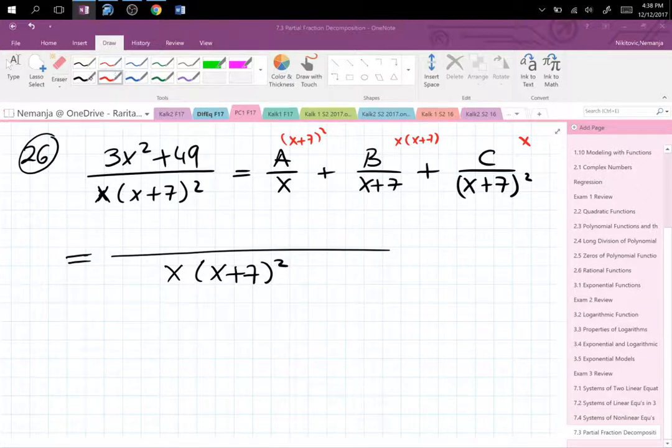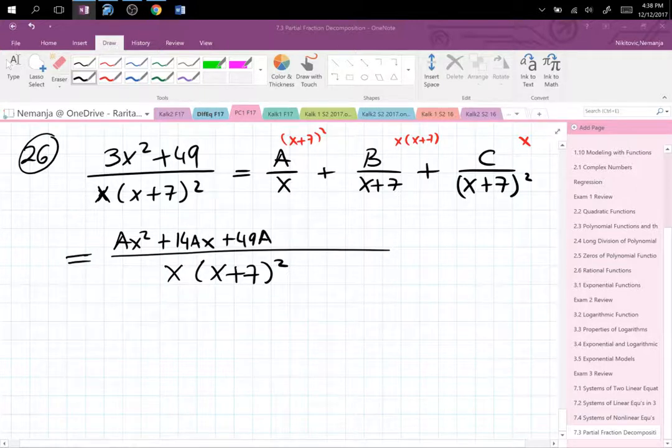That's x squared, so ax squared, plus 14ax plus 49a. Don't forget the middle term when you FOIL. On the second one is plus bx squared plus 7bx, plus cx.